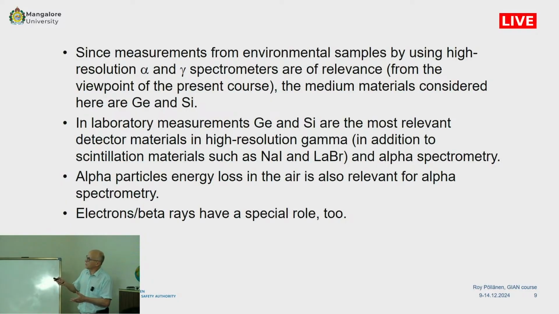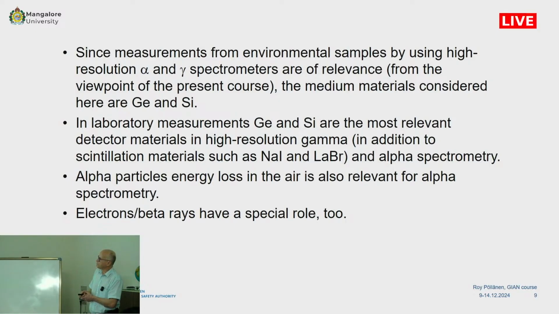So since we are dealing in the present course with alpha and gamma ray spectrometry, the medium materials considered in the following slides are only germanium and silicon, which are the most relevant detector materials in high resolution. Of course, I will later talk about scintillation materials.